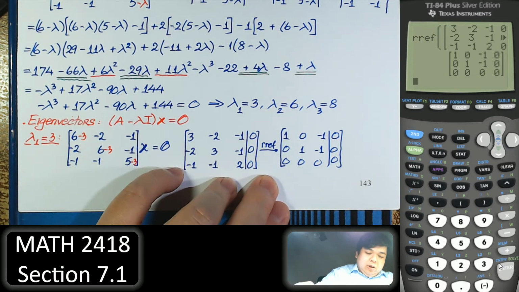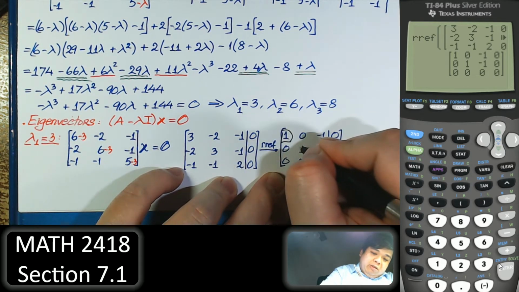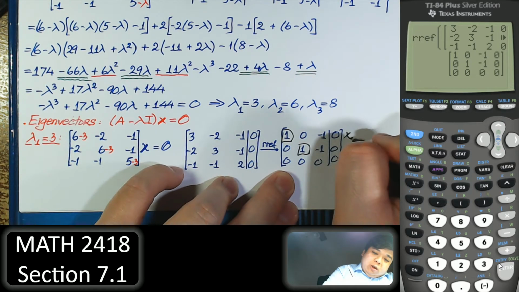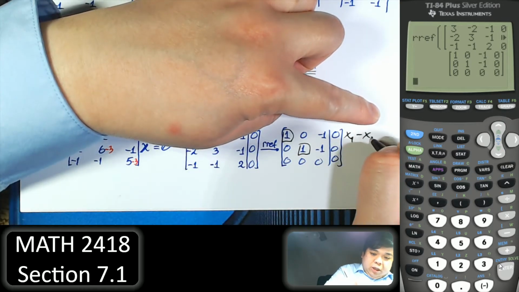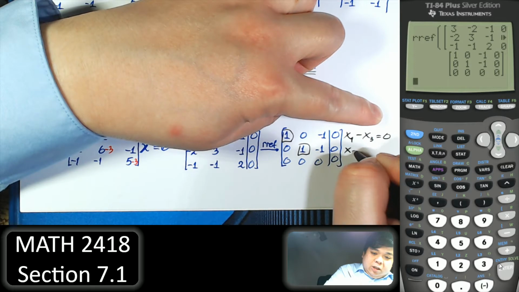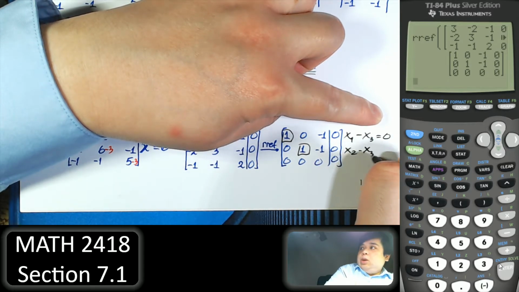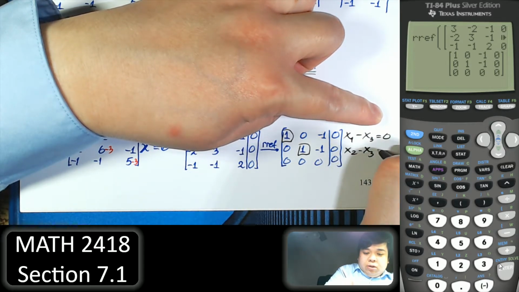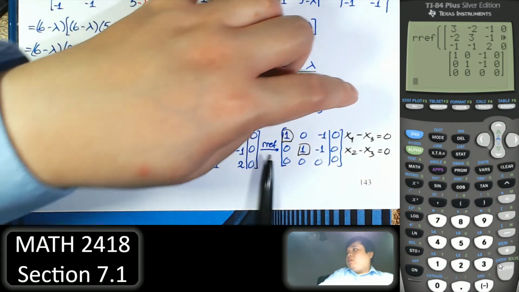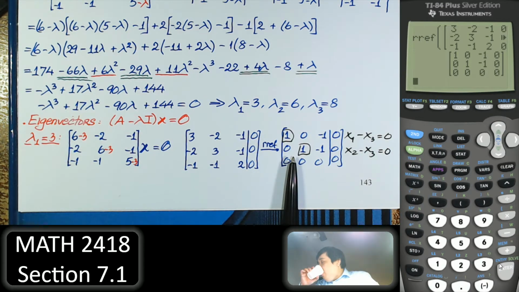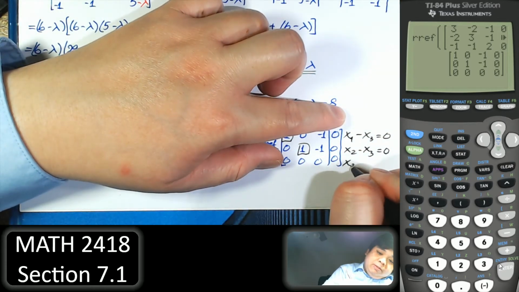Simple enough. Pivot here and here. x1 minus x3 equal to 0, x2 minus x3 equal to 0, and x3 is free.